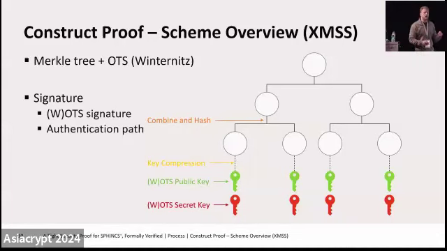And an authentication path here consists of the sibling nodes of the path from the considered leaf to the root, right? And intuitively in verification of a signature, this is used to authenticate or verify that the one-time signature instance that was used to sign a message actually is part of this XMSS instance.